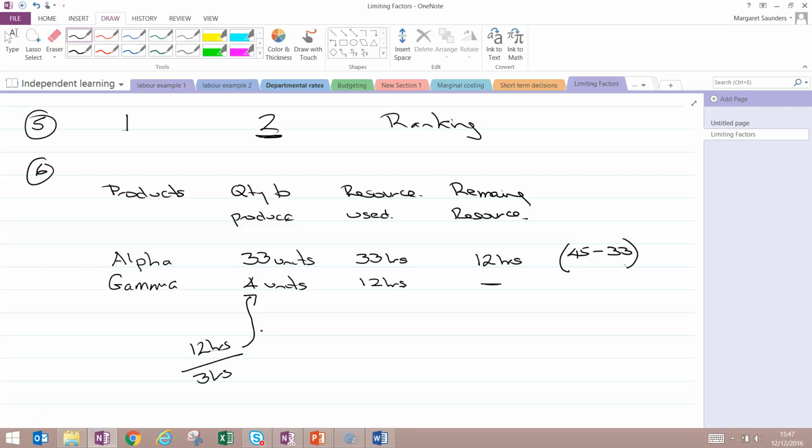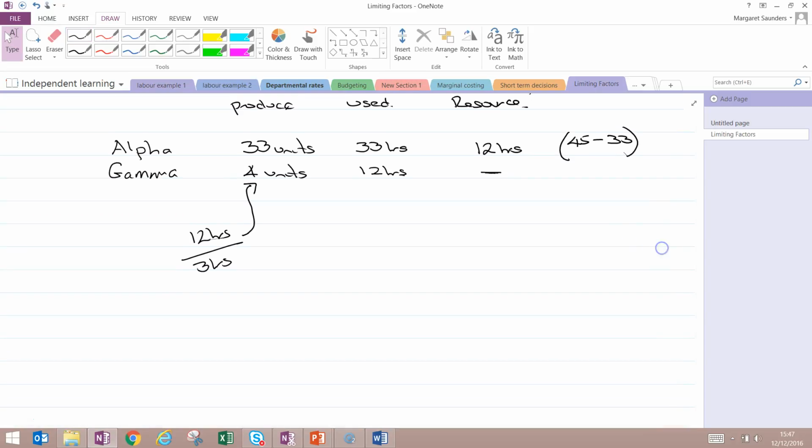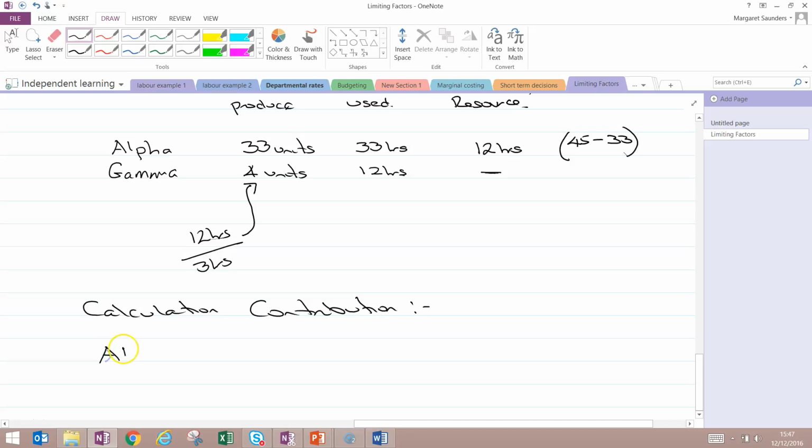Sometimes a question may ask you then to calculate the contribution from this mix or calculate the profit from the mix. The easiest and quickest way to approach this: we are producing 33 units of alpha.